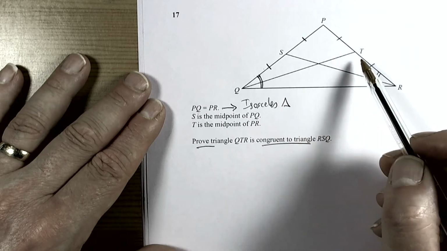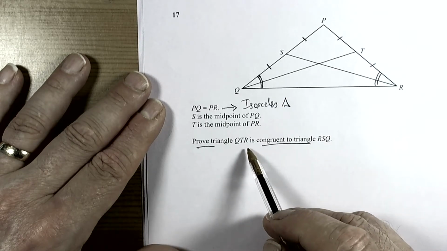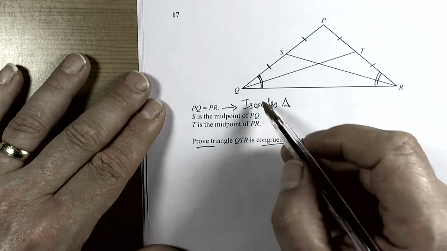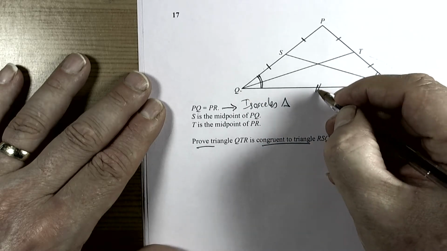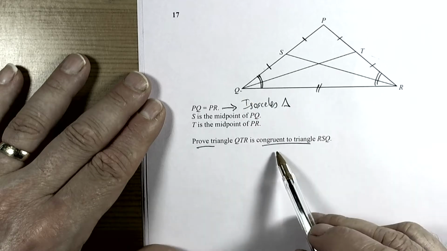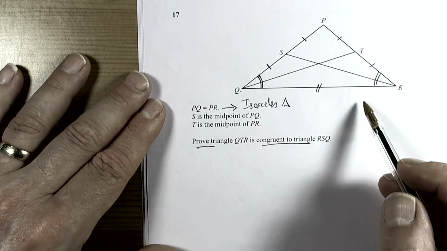Okay, so let's see what else. Right, so we've got to prove that QTR and RSQ are congruent. Right, okay.